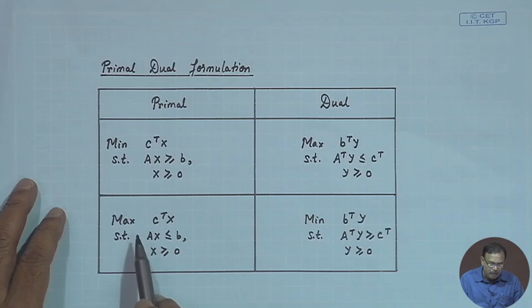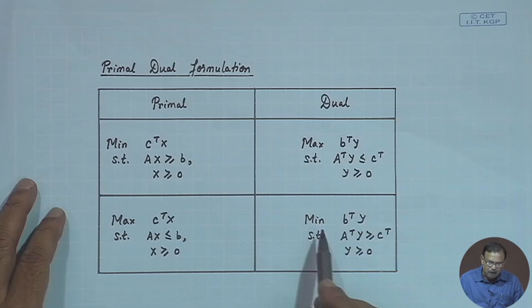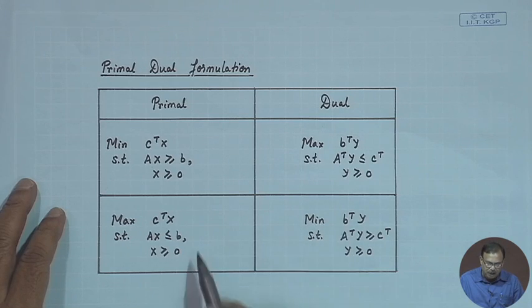Similarly, if we have the maximization problem, whatever we are doing in general: maximize C^T x subject to Ax less than or equal to b, x greater than or equal to 0. This will be converted into a minimization problem: minimize b^T y subject to A^T y greater than or equal to C^T.